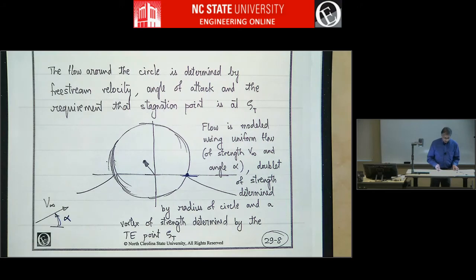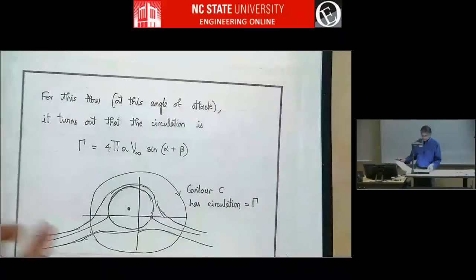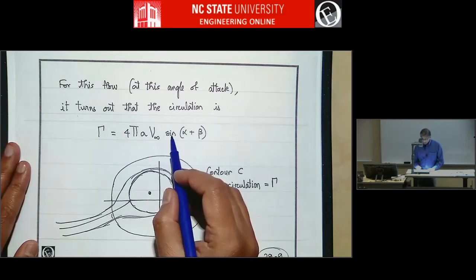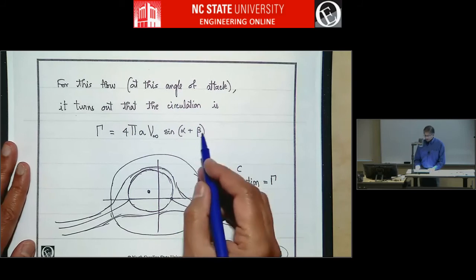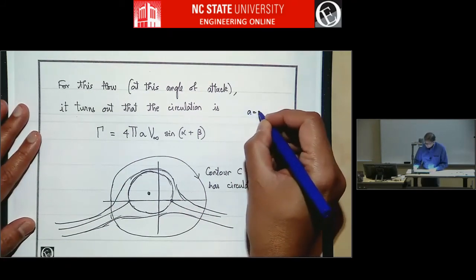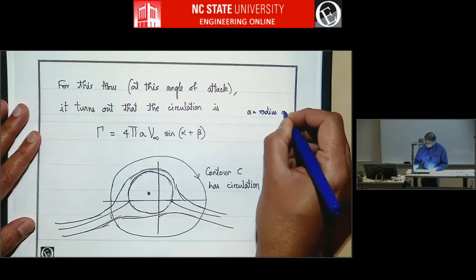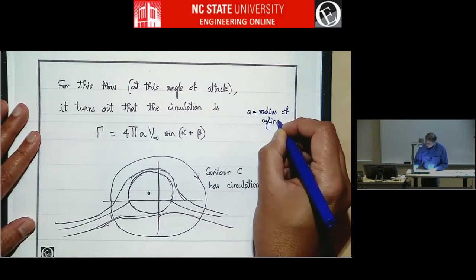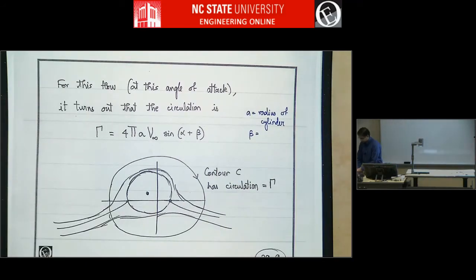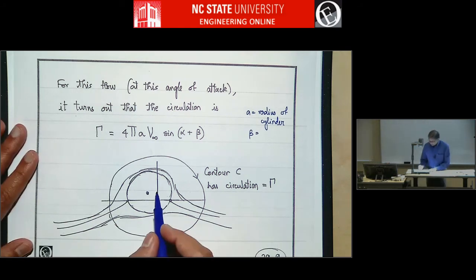So it turns out for this flow, the amount of circulation that you need is gamma, which is 4 pi a v infinity sine of alpha plus beta. So this is where all these angles come from. So a is the radius of the cylinder, and beta is this angle, this is minus beta.